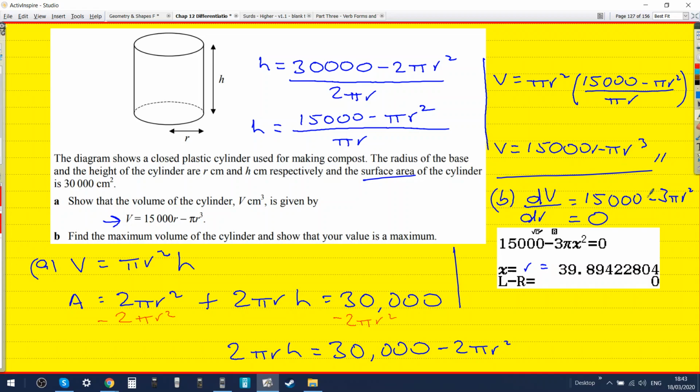What is that maximum volume? If we sub in r to V equals 15,000 r minus pi r cubed. So 15,000 minus pi times 39.8 cubed. Did I type something in wrong?